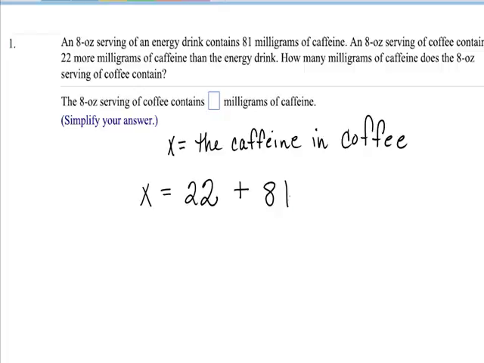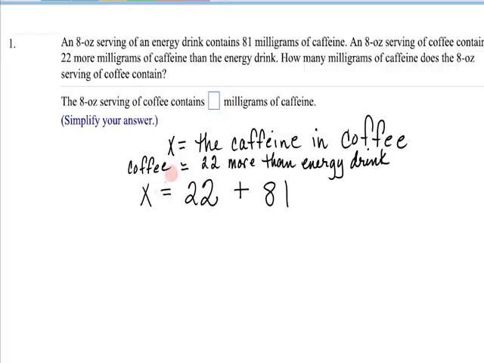All right, so the coffee has 22 more than the energy drink. So if I wrote that, coffee has 22 more than energy drink. And then I fill in coffee has.